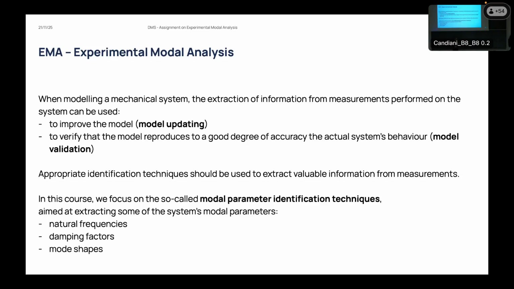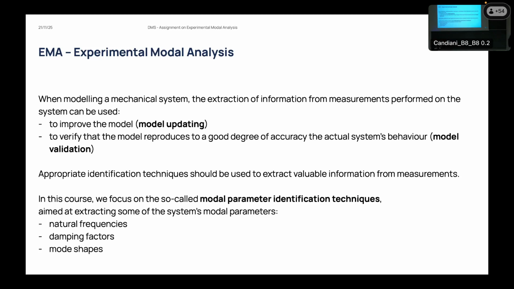The other way is the so-called model validation, that is slightly different in the sense that you work on your model on your own. Let's suppose you have a certain frame here outside that is undergoing some maintenance, and you want to build the numerical model of that frame. You look at it, you can see it has some beams with other additional beams.